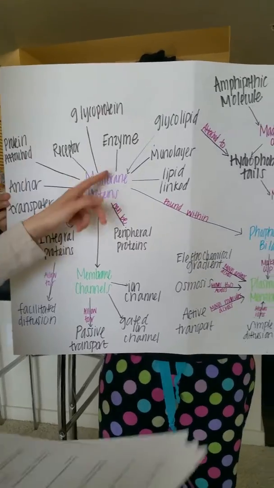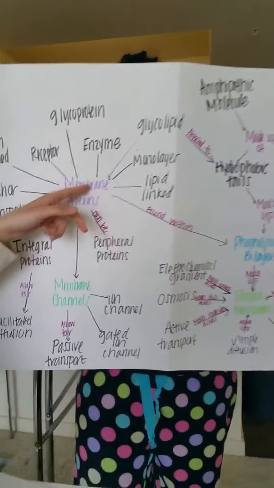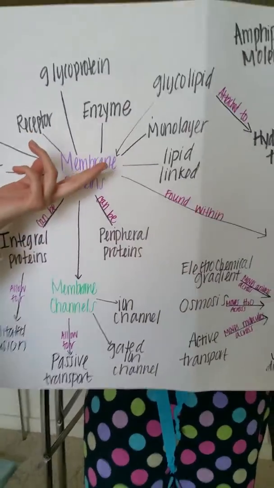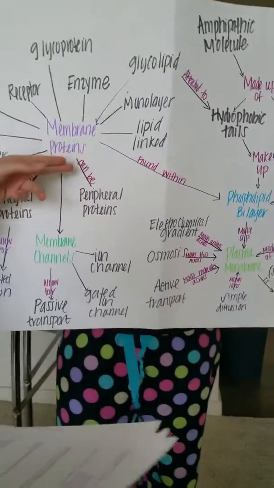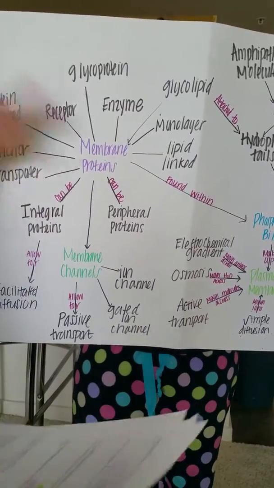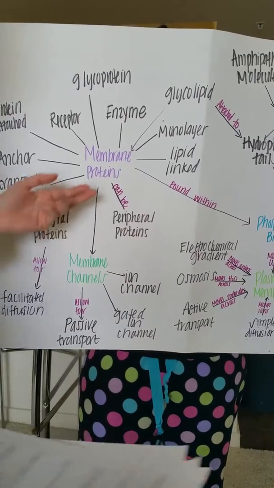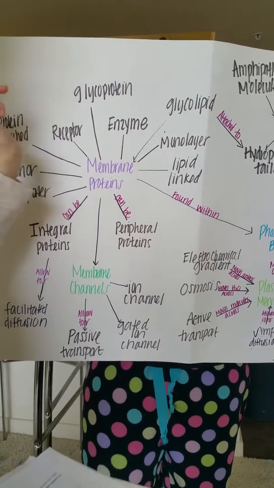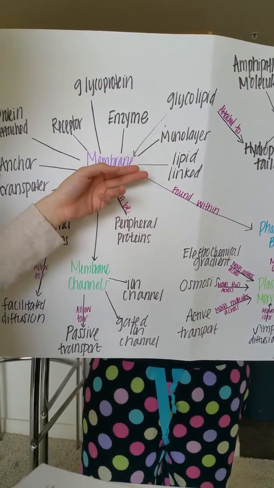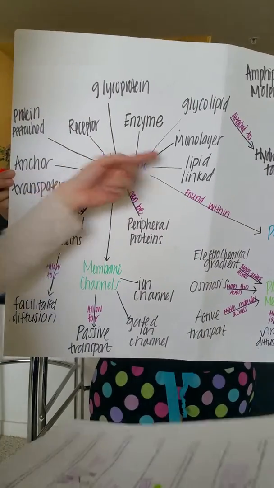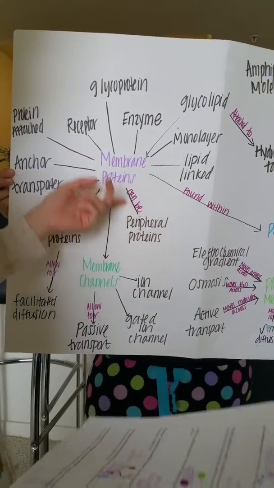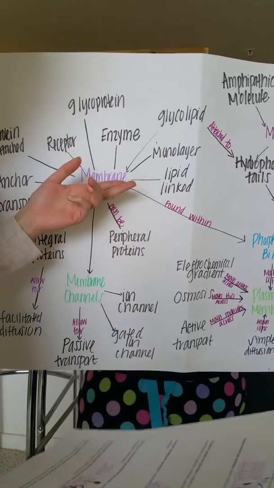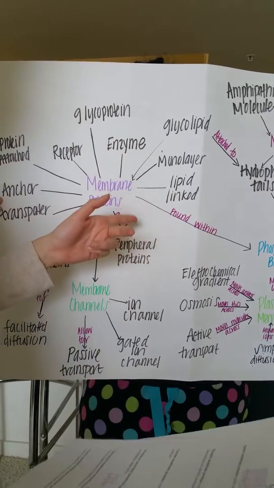We also have enzymatic membrane proteins, which, as we all should know, act as catalysts to speed up chemical reactions. We have monolayer associated proteins, which anchor the proteins to the bilayer by means of an amphipathic alpha helix.